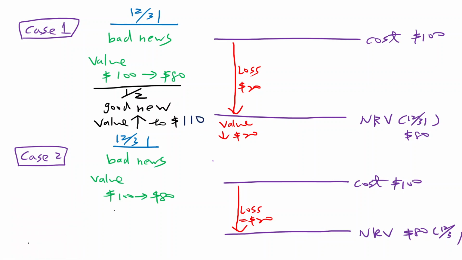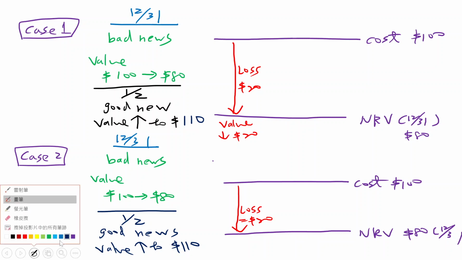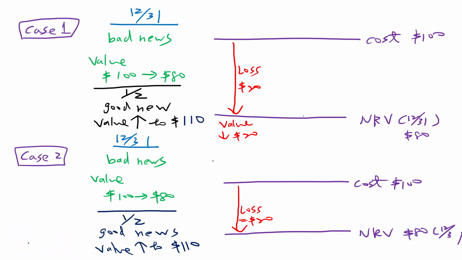110. Actually, they are the same case. So January 2nd, good news, your value increases to 110. Okay? So based on case 1 and case 2, if I told you case 1, you could only recognize the value up to how much?